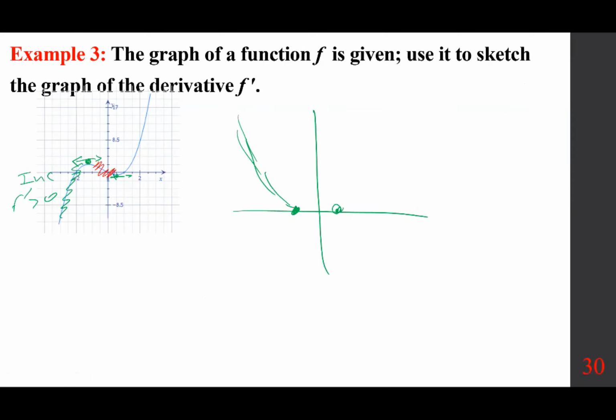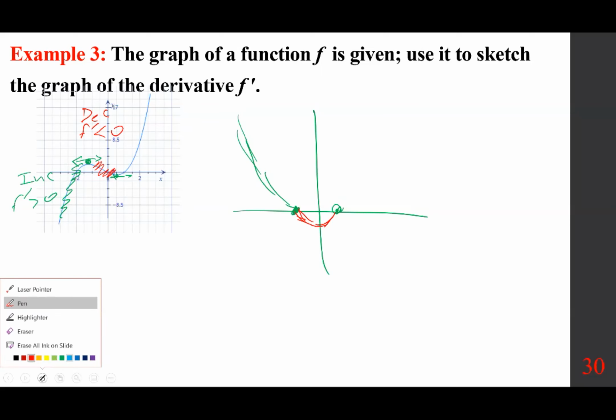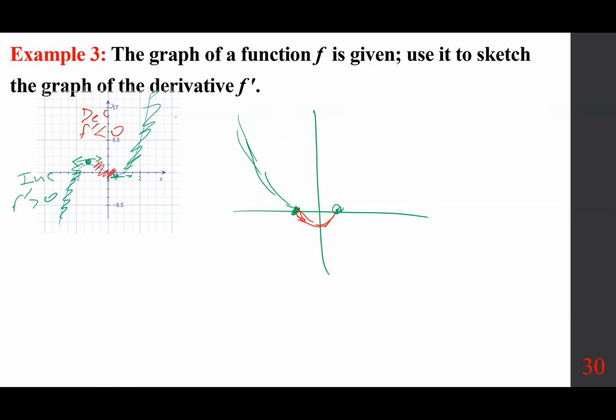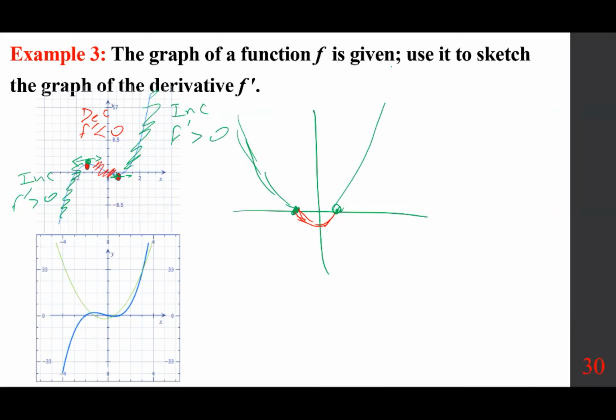This portion decreasing, f prime is negative, below the x-axis, but has to come back up to another 0, right? There are 2 zeros. And over here, again, it's increasing, which means f prime is positive, so it goes above the x-axis. And those are the 2 points, and this is a more precise graph of what we have seen.